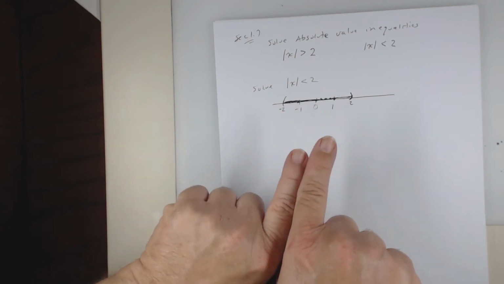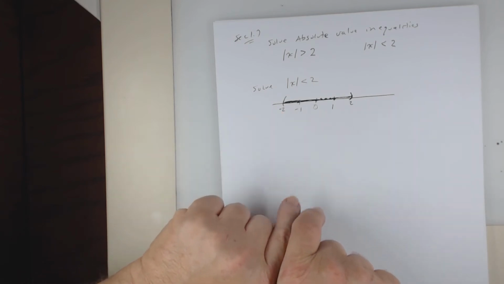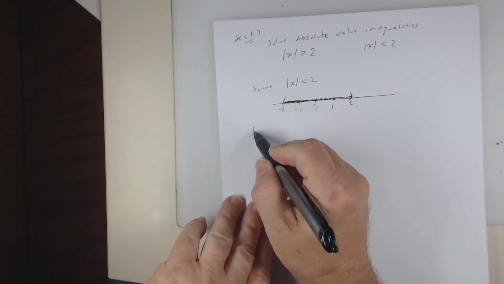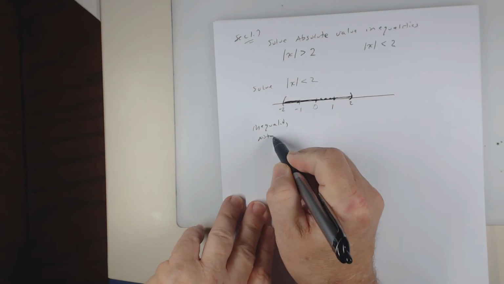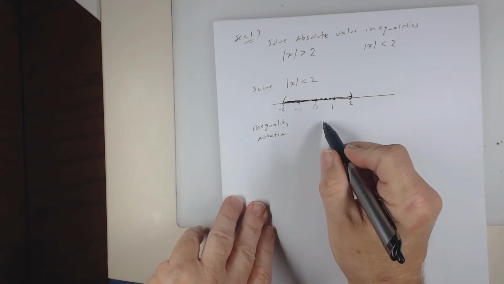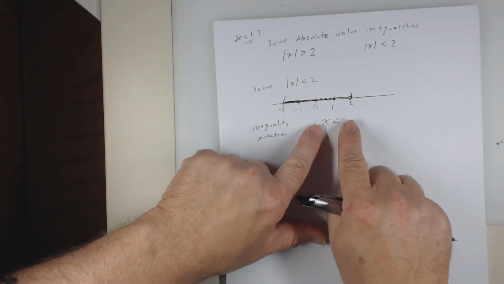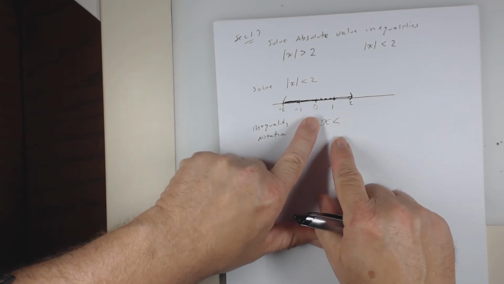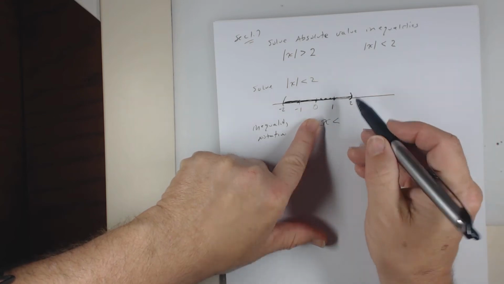Now in terms of inequality notation, here's what you're saying. You're saying x has to be less than what number? 2.